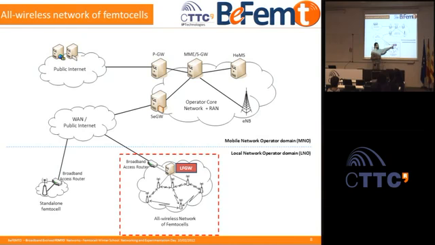Well, you might have, in fact, more than one local femto gateway, depending on the scale of the network. These are homing node Bs, and in the following talks we're especially interested in all-wireless networks of femtocells, like the one the Femto Forum representative presented during the first day, where, for example, you have Wi-Fi in a femtocell for the backhaul in a rural environment, and you have 3G or LTE access to provide communication to regular users.